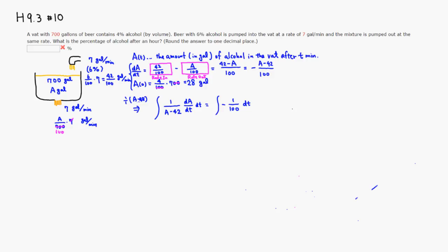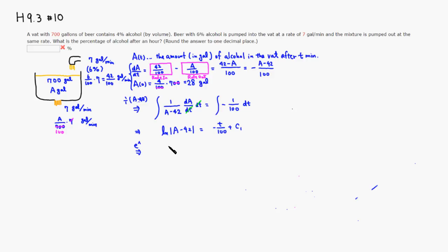We can cancel dt on top and dt on the bottom. The antiderivative gives natural log of the absolute value of A minus 42 equals negative t over 100 plus some constant, which I'll call C1. As usual, we raise e to both sides, cancelling e and natural log.